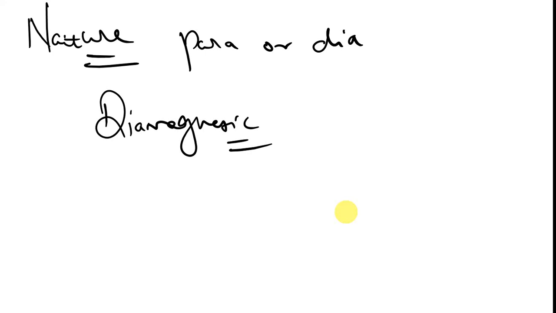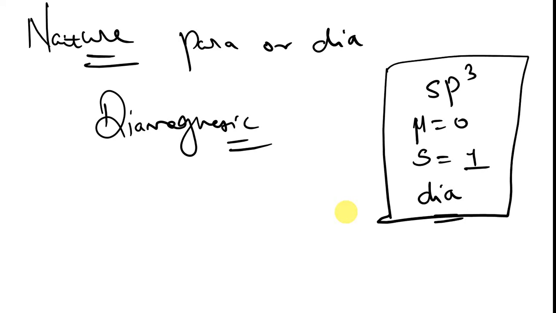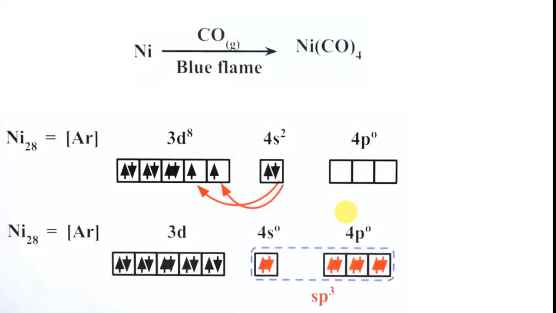So finally we can say the hybridization is sp3, the magnetic moment mu is equal to 0, the spin multiplicity is 1, and it is diamagnetic. These are the conclusions we are getting from VBT. So let me tell you in a systematic method. Nickel burns in a blue flame for nickel tetracarbonyl. So the general electronic configuration is 3d8.